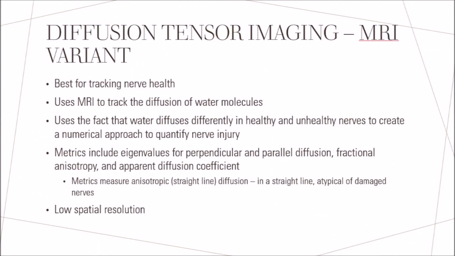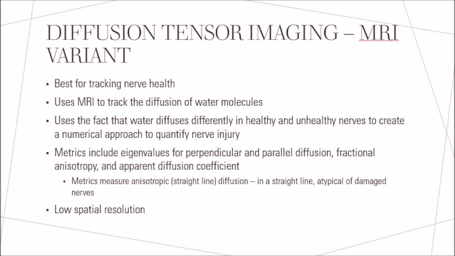DTI, otherwise known as diffusion tensor imaging, excels where MRN often fails, able to image the electrophysiology of the neuropathy and gives insight into what stage the neuropathy is currently in. However, DTI has a very low spatial resolution and is typically not used for imaging.